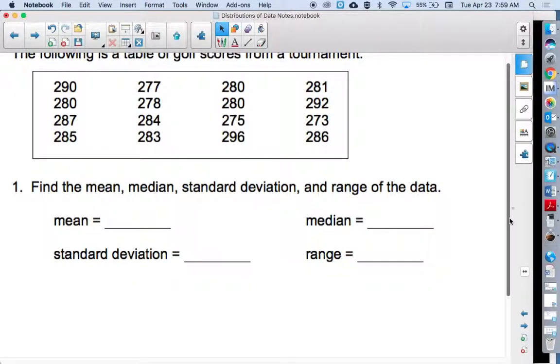So just a little review: using your calculator, see if you can plug that data in and find that information. You can round to 2 decimal places.